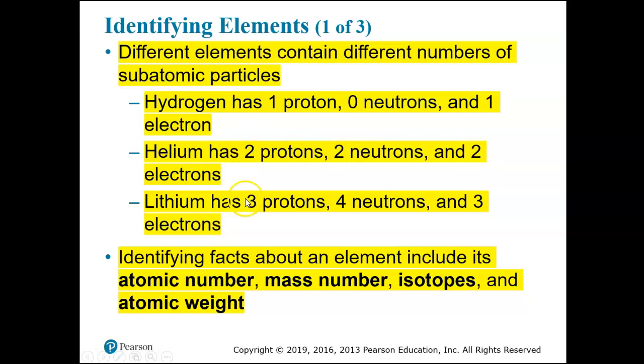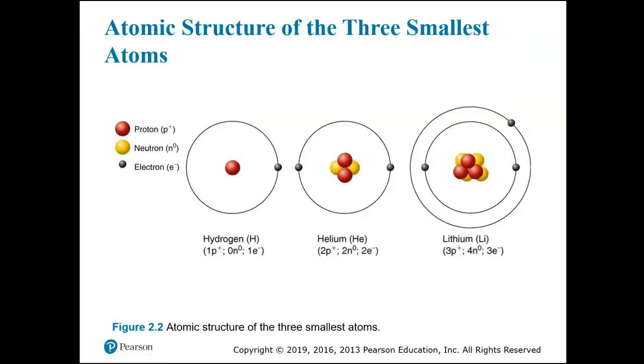Lithium has an atomic number of 3 because of the 3 protons and a mass number of 7 because 3 plus 4 gives you 7. And here you can see models of each of these. Looking at this, you can tell hydrogen has an atomic number of 1 and a mass number of 1. Helium has an atomic number of 2, a mass number of 4. Lithium has an atomic number of 3 and a mass number of 7.